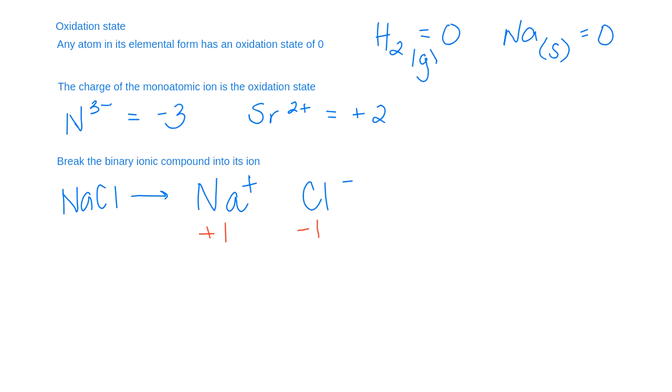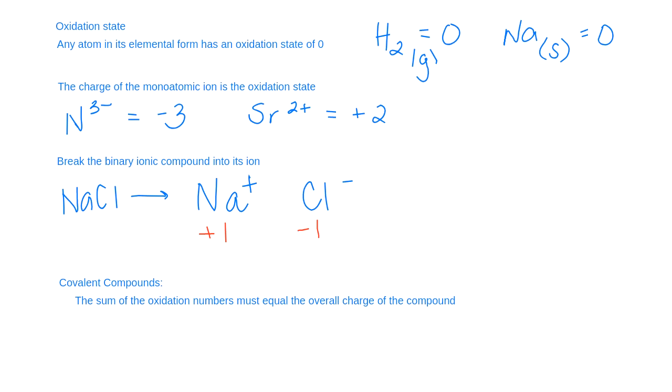So I'm just going to create a little bit of a header. For covalent compounds, we will see that the sum of the oxidation numbers must equal the overall charge of the compound.